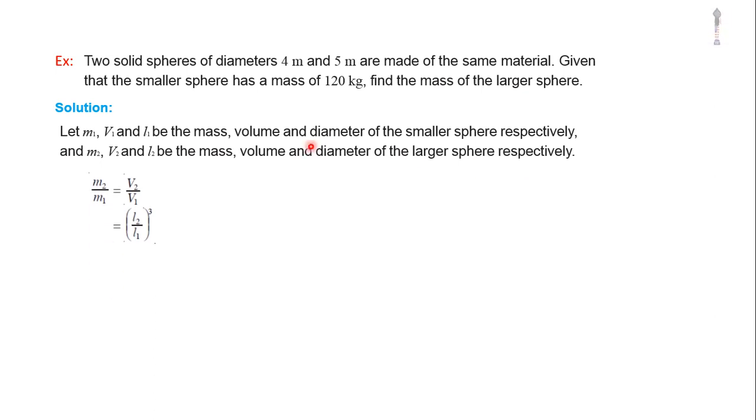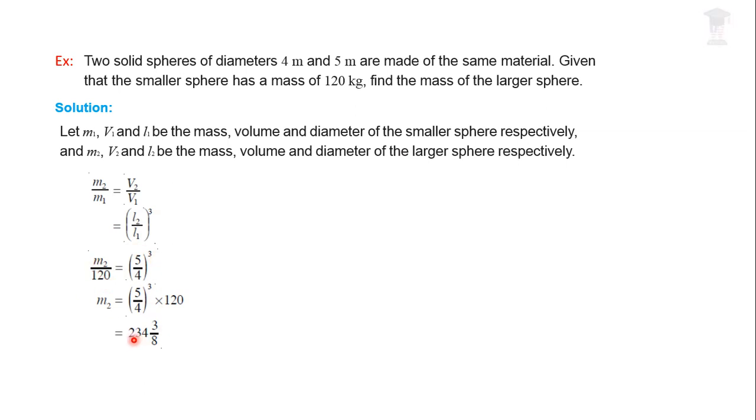So I get the ratio M2 over M1 equal to V2 over V1, which I mentioned is equal to the cube of the ratio of corresponding lengths. So we just substitute the given values and calculate.